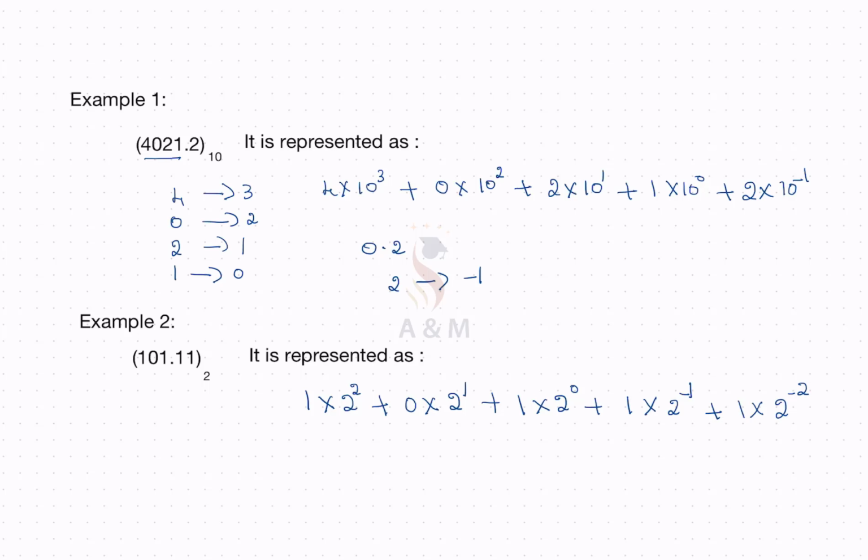Here, 2 is the base value and the power represents the position of the digit.